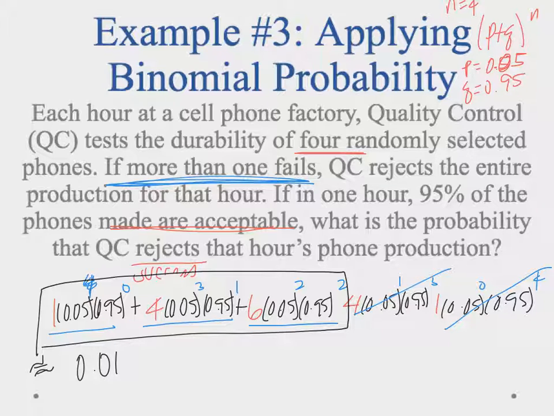I'm just going to do what the book is saying, so 0.1409. But as a percentage, what that means is that it's about a 1.4% chance that they will reject that hour's phone production.